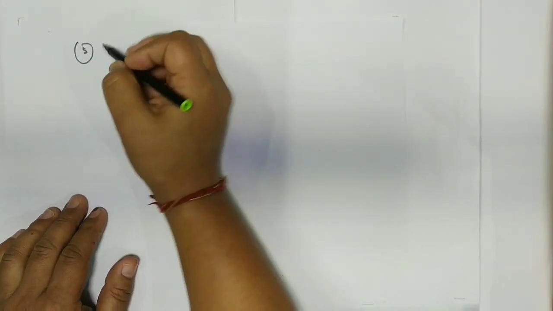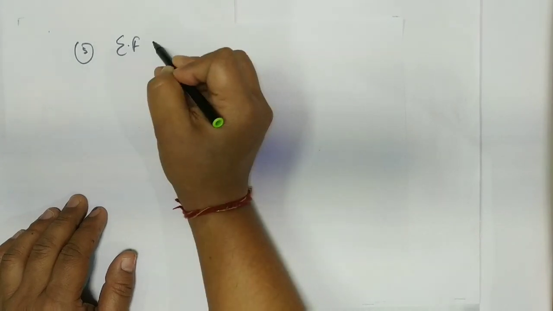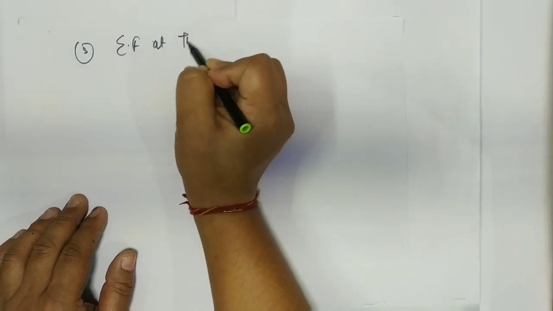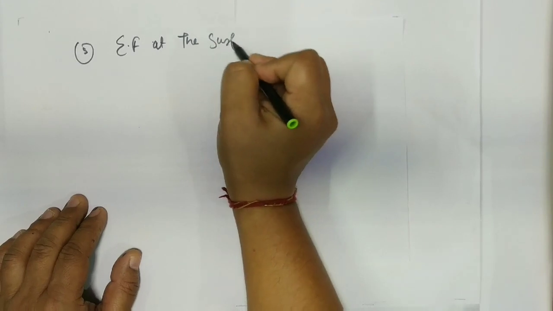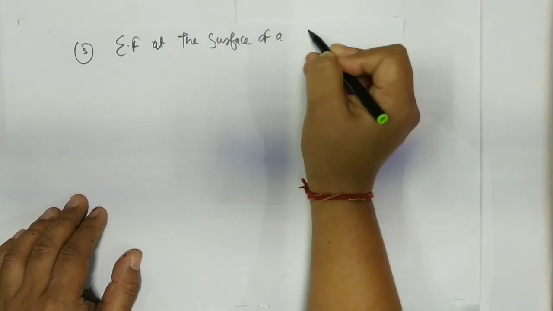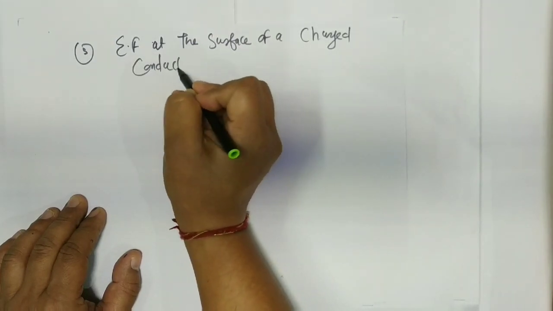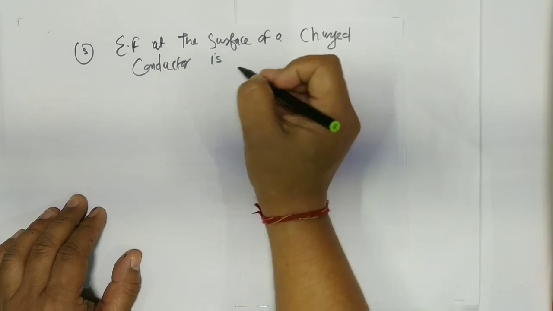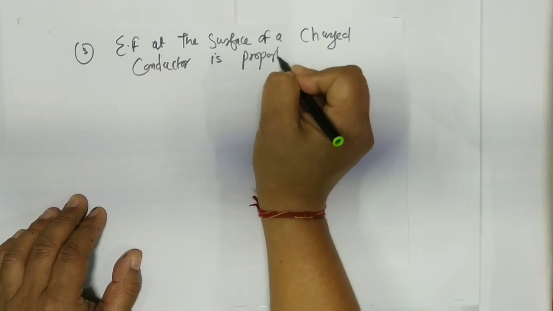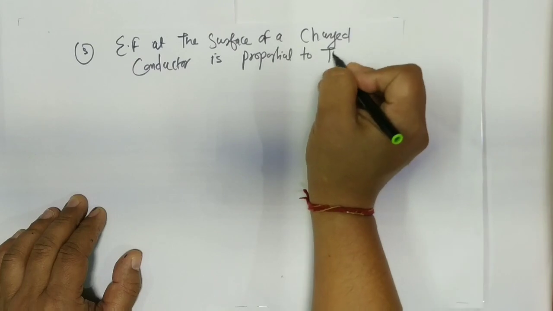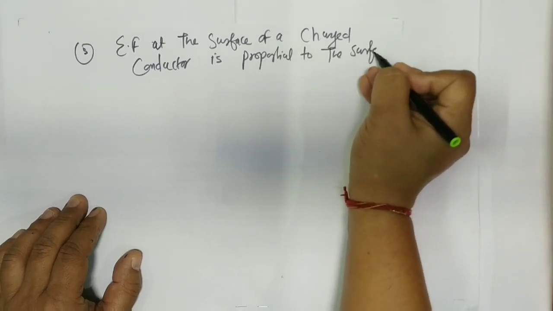And then there is another property, property number 5, and that is the electric field at the surface of a charged conductor is proportional to the surface charge density.